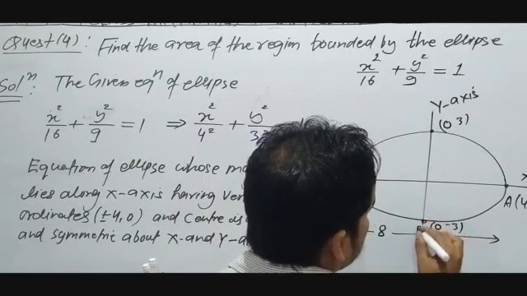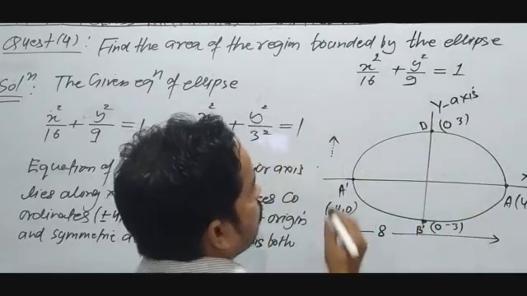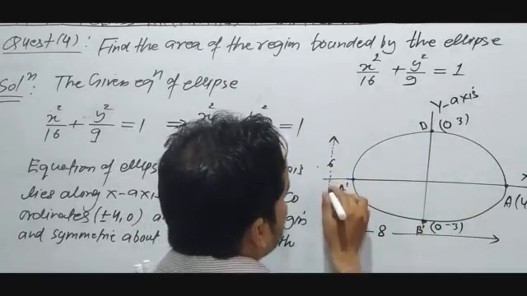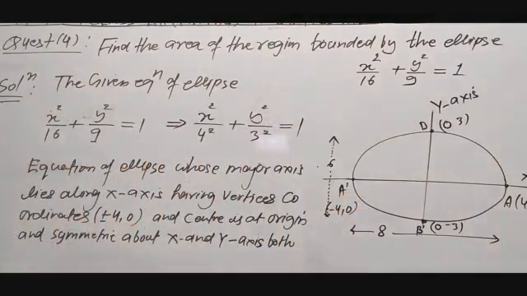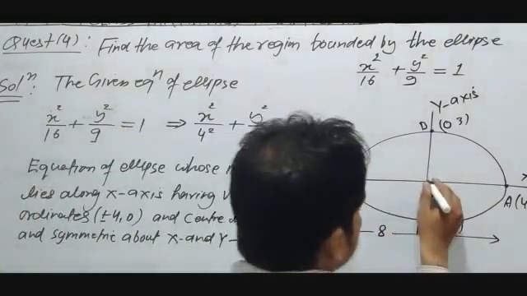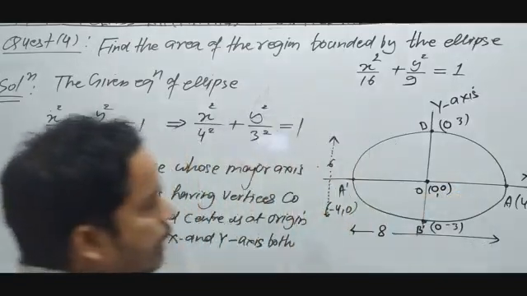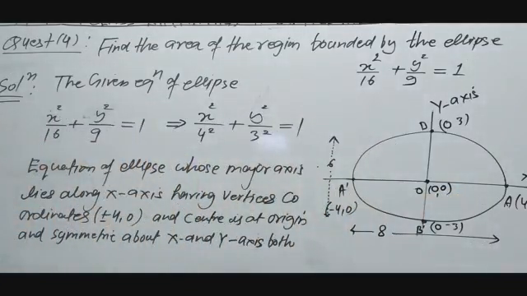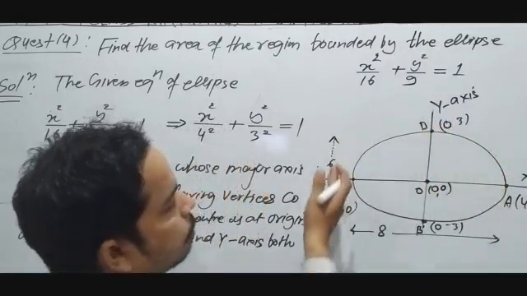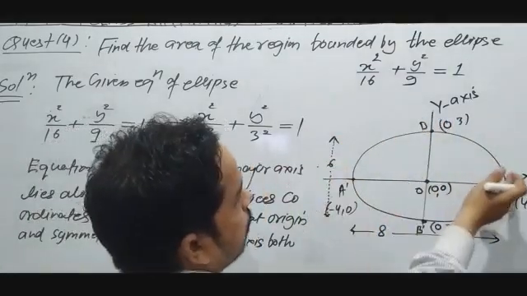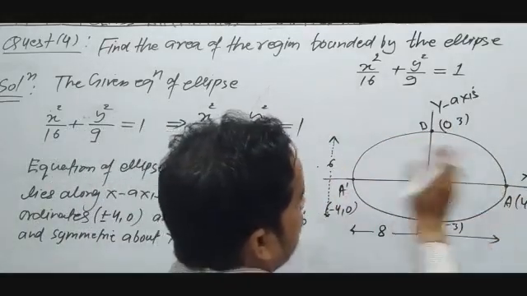This is B dash and this is B. So minor axis length will be 6, and this is the origin or center having coordinates 0, 0. Now we have to calculate the area of the region bounded by ellipse. This is the locus of ellipse and we have to calculate its area.